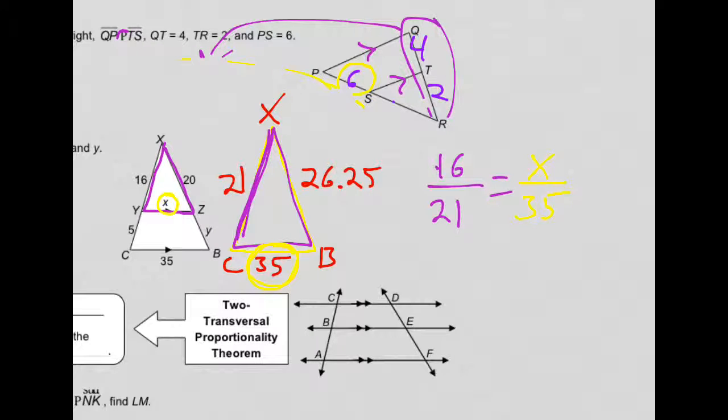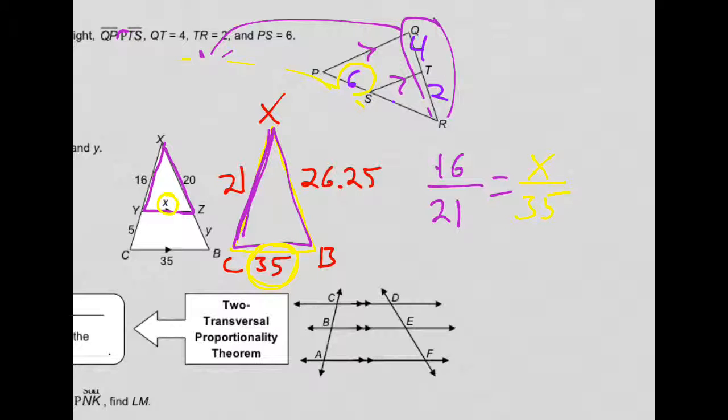Just to be clear, this side and this side are corresponding. That's why I can put one over the other. Same side, just different triangles. Then it equals this side and this side, which are also corresponding sides of my triangles. They're the same sides of different triangles. That's why I can put one over the other over here.